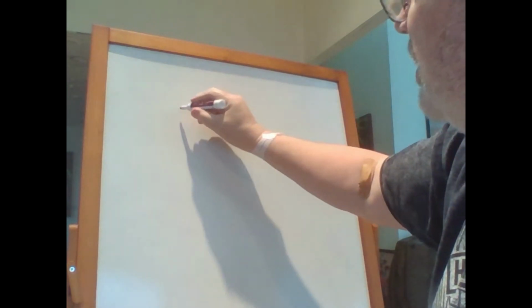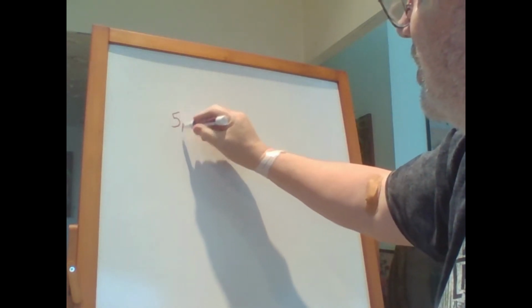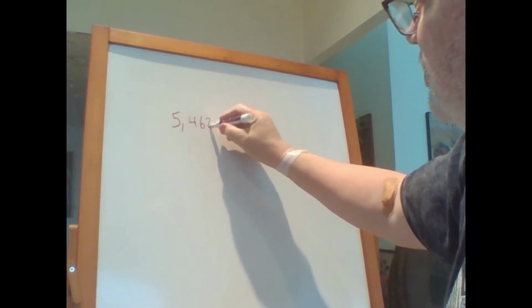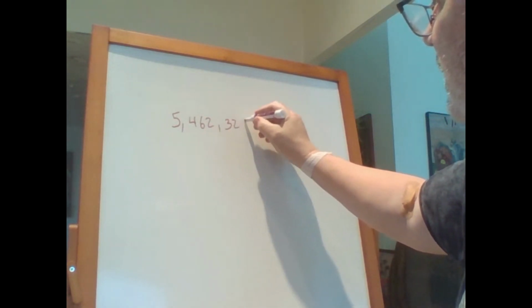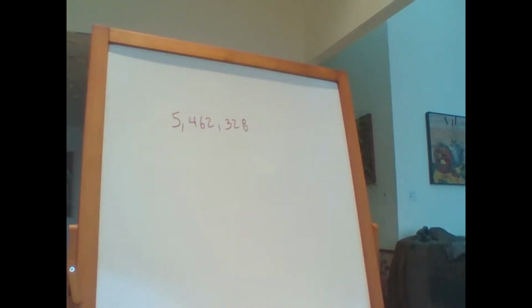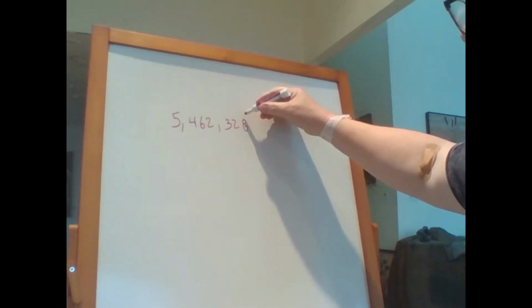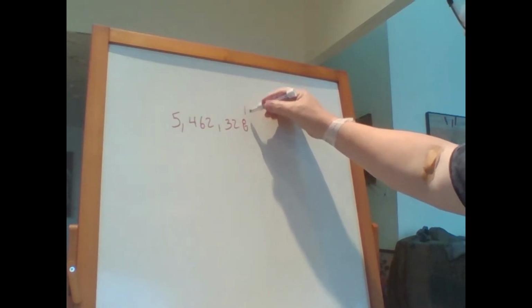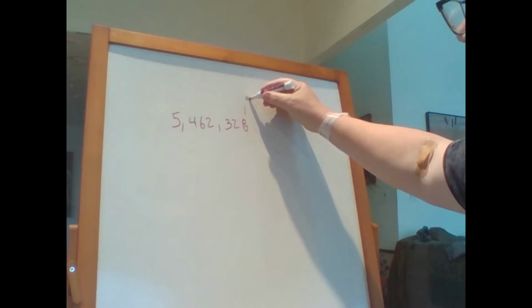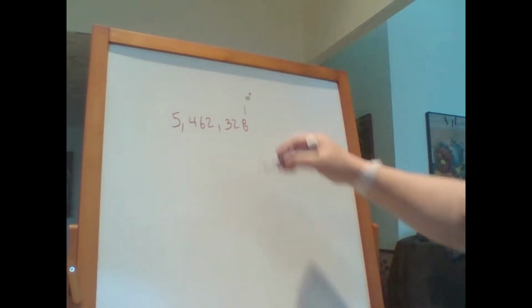And base 10 means that when we write this number, let's say 5,462,328, this is 10 to the 0, that column.